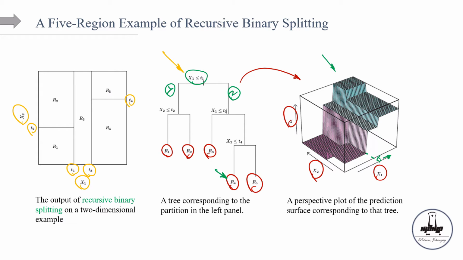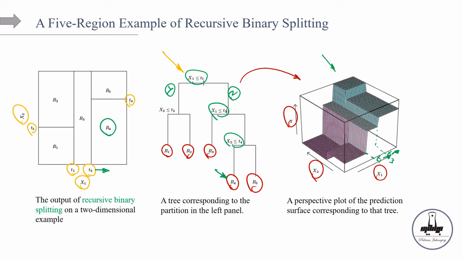Is it less than t3? Here is the value for t3. Well, no. Then we look at the next one. So basically, we are here. Then the next cutoff is: is x2 less than t4? If the answer is yes, we are in R4.